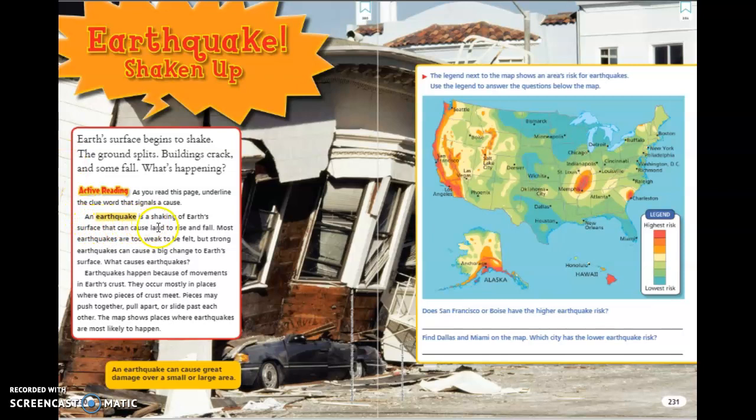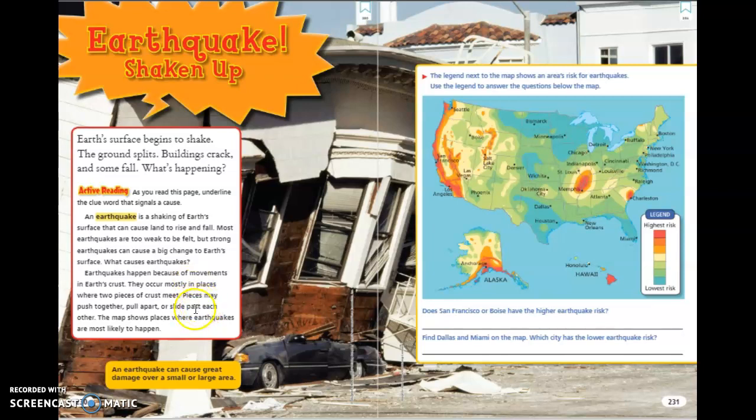An earthquake is a shaking of Earth's surface that can cause land to rise and fall. Most earthquakes are too weak to be felt, but strong earthquakes can cause a big change on Earth's surface. What causes earthquakes? Earthquakes happen because of movements in Earth's crust.